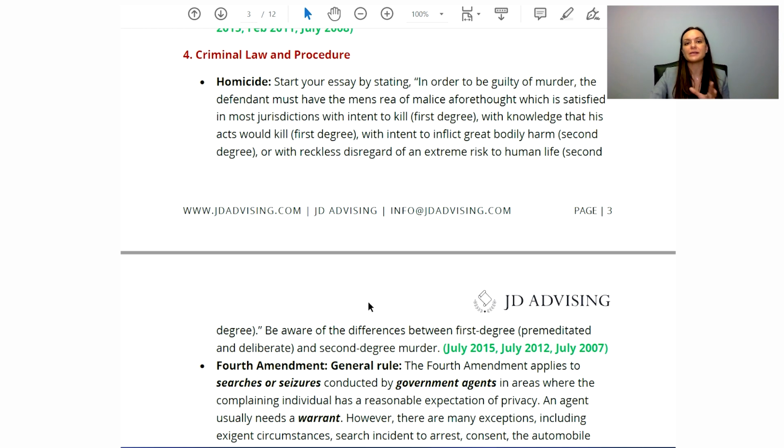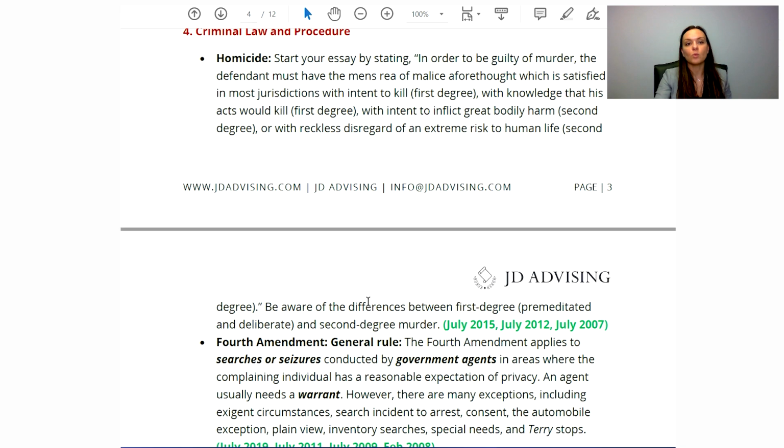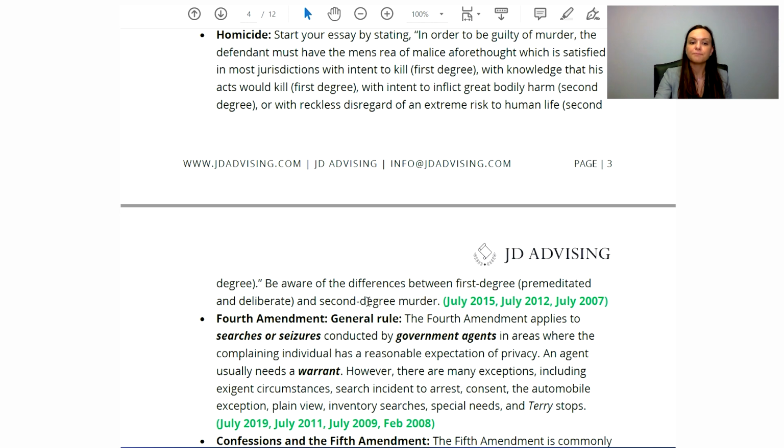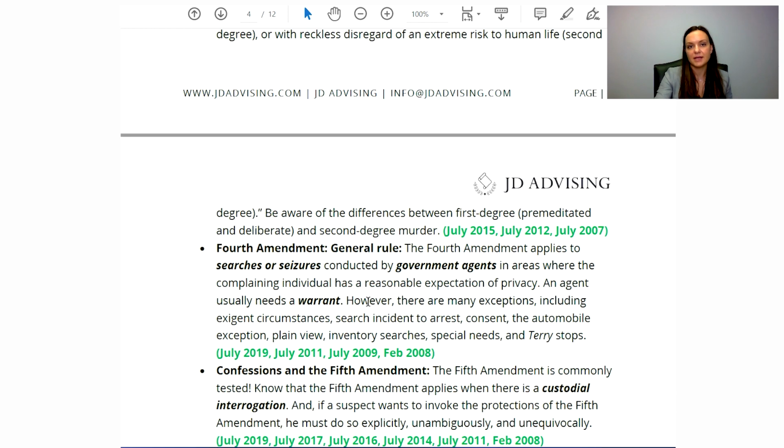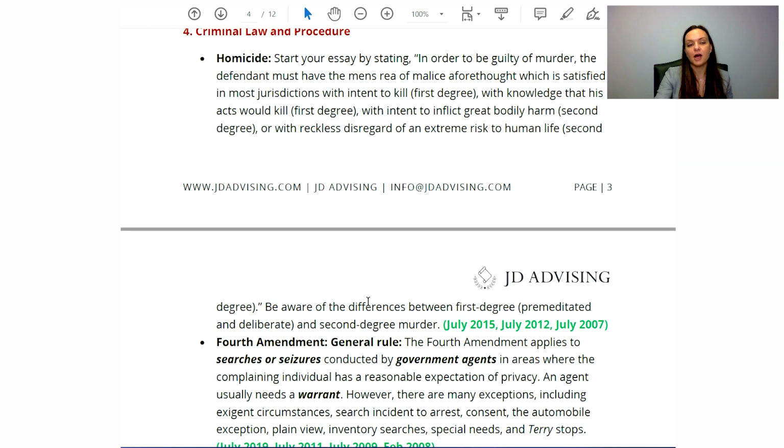They're on our lowest tier of the frequently tested subjects. But that doesn't mean you want to ignore this. The most highly tested topics within criminal law and criminal procedure are things like homicide, the Fourth Amendment, and confessions, and the Fifth Amendment.